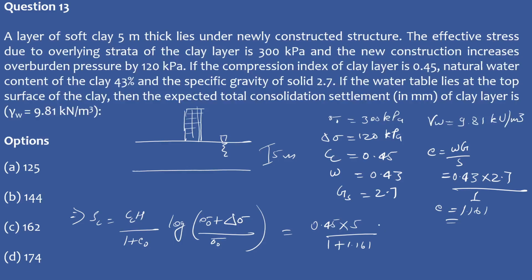So it's 1.161 log sigma naught, which is 300 kPa, and delta sigma is given to you, which is 120 kPa. So in the sigma naught is effective, so you also need to take account for effective overburden pressure.